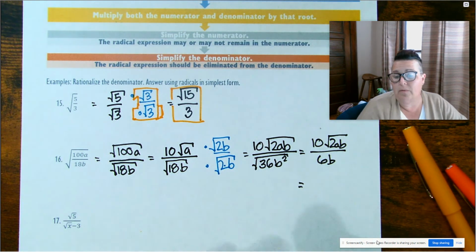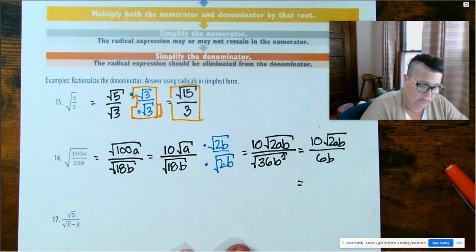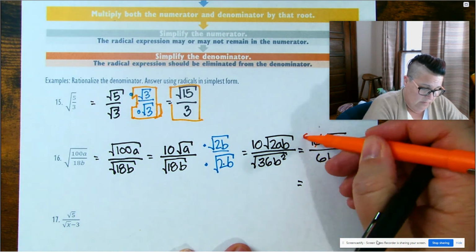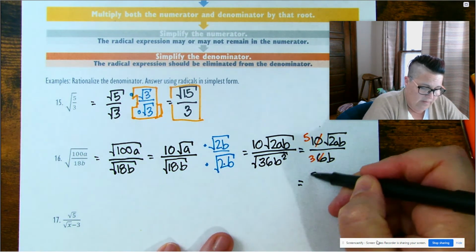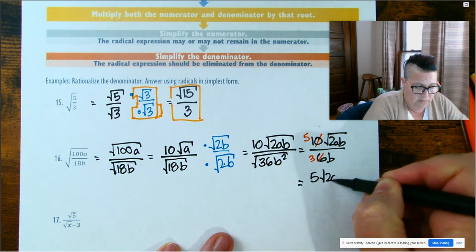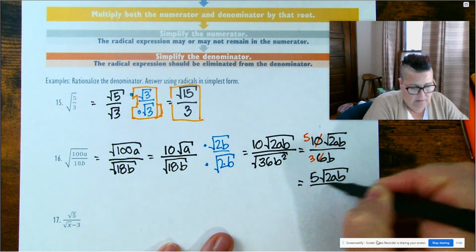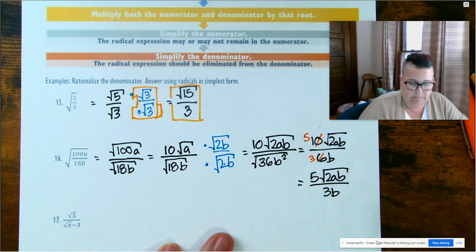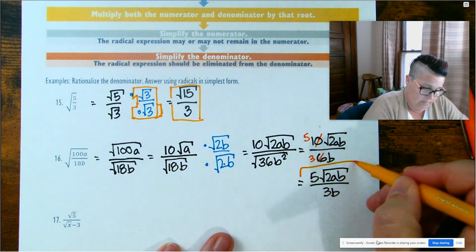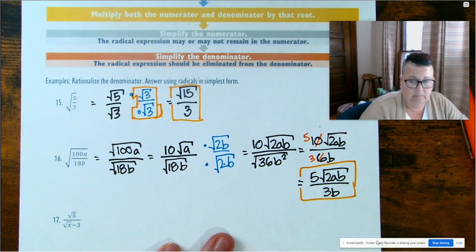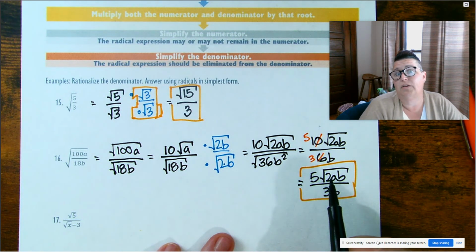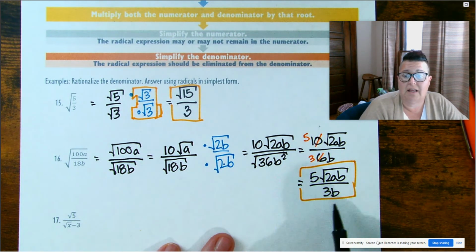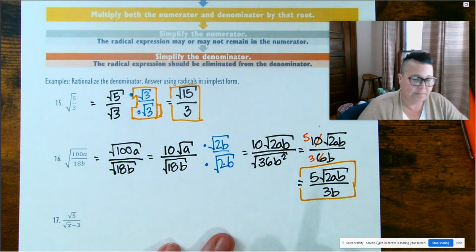The only thing we may want to reduce here is the 10 over 6 to a 5 and a 3. So that's going to give me 5 square roots of 2ab over 3b. I no longer have any radical expressions in the denominator. They do still exist in the numerator, but the numerator is fine. I just cannot have them in the denominator.